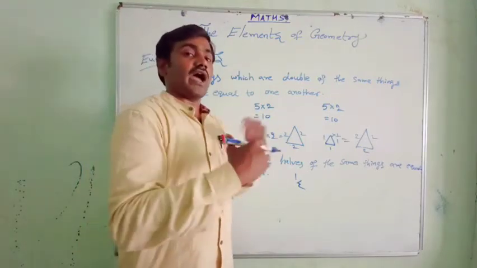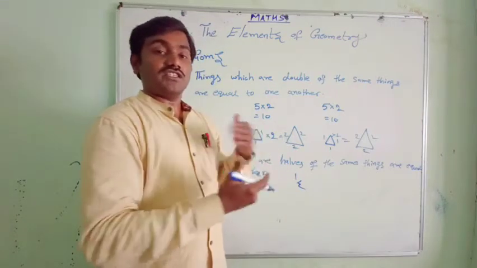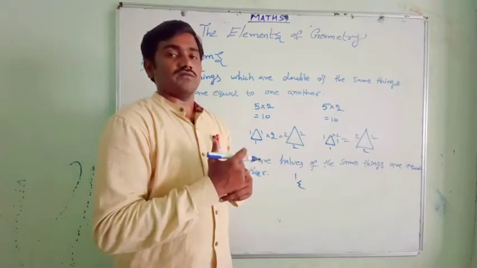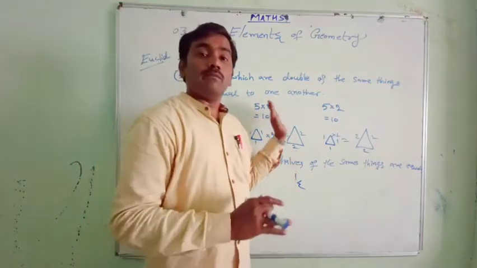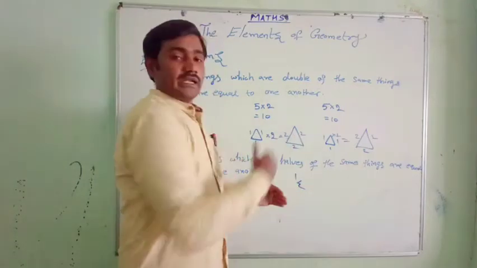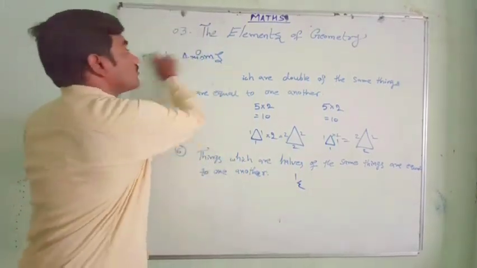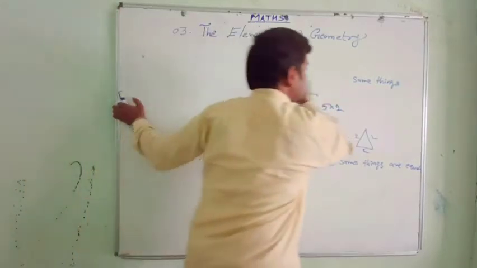When you add equal things to one another, they will be equal. If you subtract equal things from one another, they will also be equal. So these two are also the same, like here you make it double and here you make it half. Both are the same. These are the Euclid axioms actually.